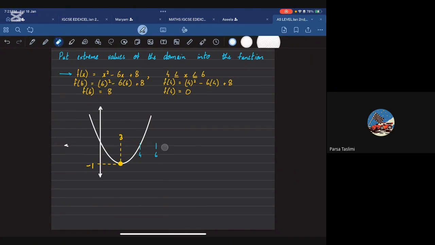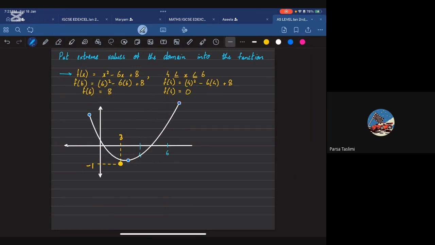So if we were to draw our graph, let's just try to expand this guy.